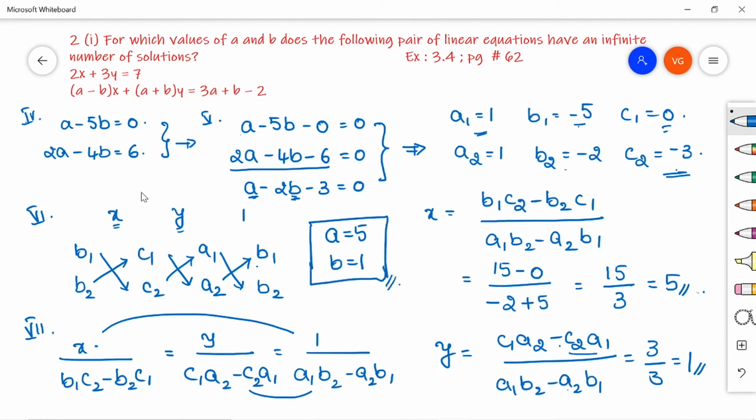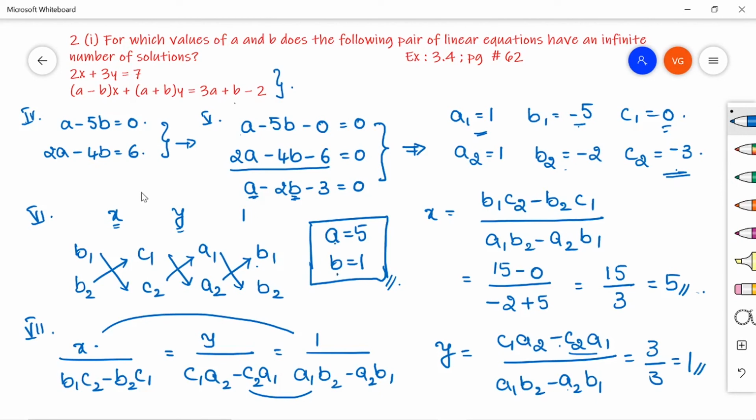Suppose they have asked to find out the equation also, to make this pair of linear equations have an infinite number of solutions, then just substitute the values of a and b in this equation.